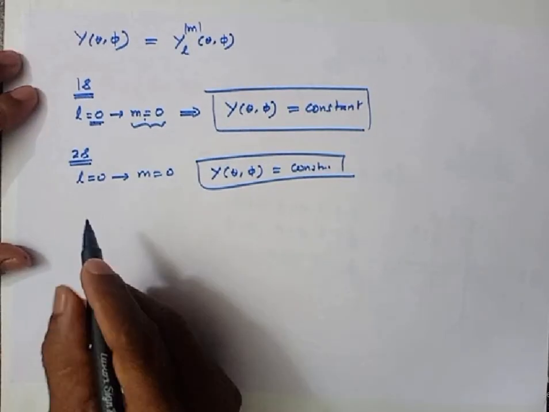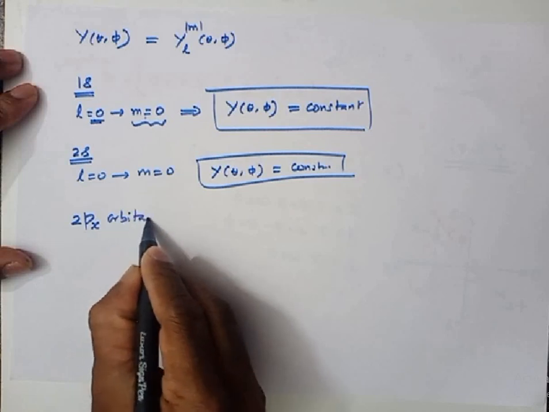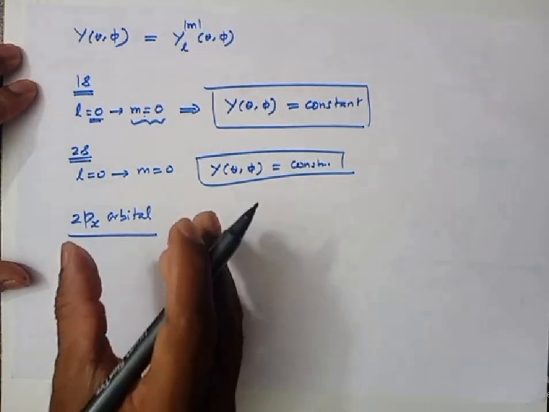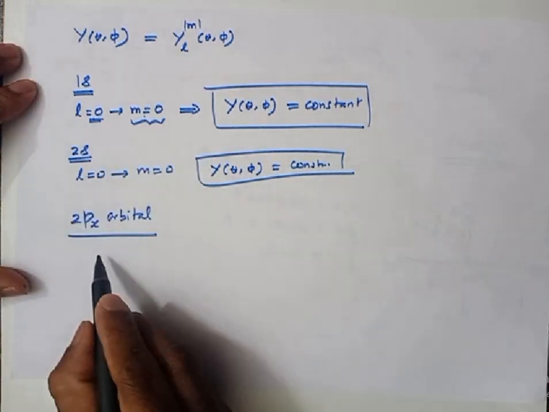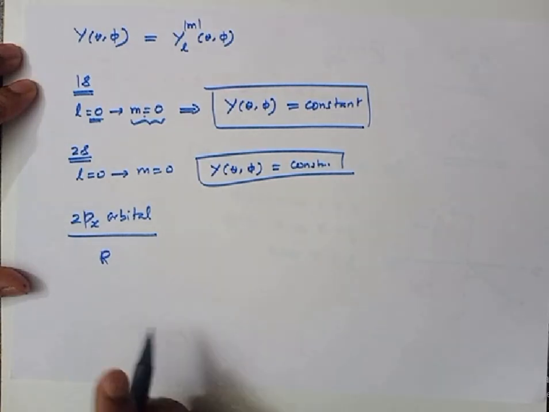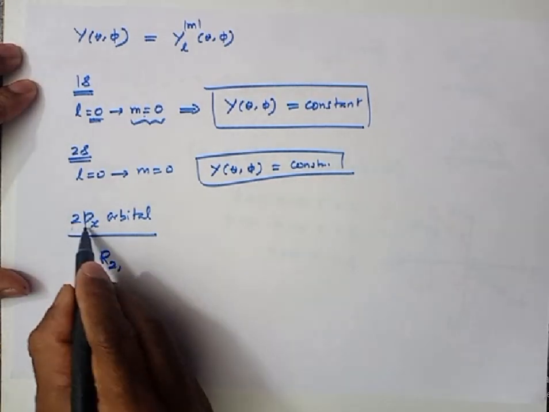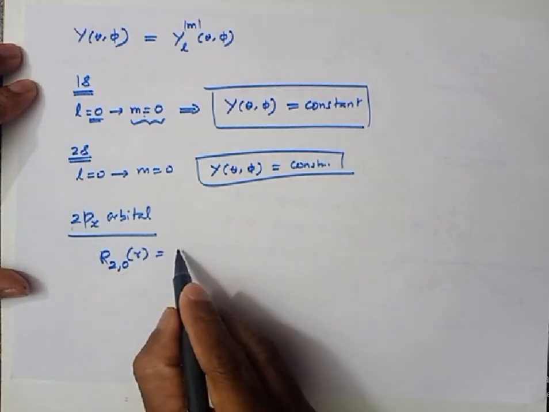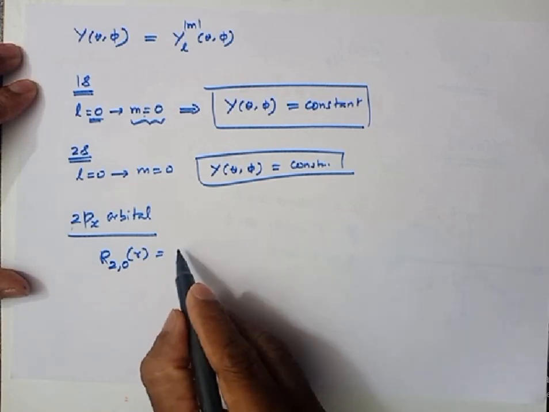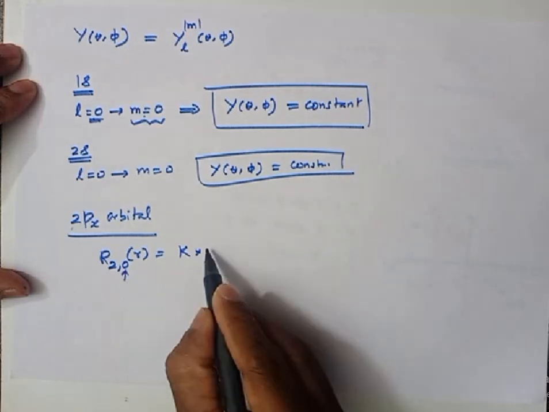Now let us take the wave function, say the 2px orbital. How will the radial part look? Can anyone tell me what the radial part is? I'm asking about the radial part. For the radial part, you should take the n value. The n value is 2. For the p orbital, the l value is 0... I'm sorry, I made a mistake. For the p orbital, the l value is 1. For the radial part, we require n and l.